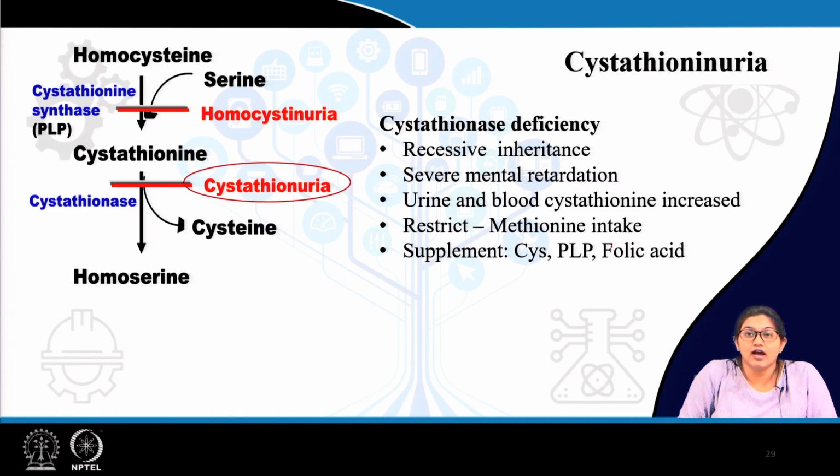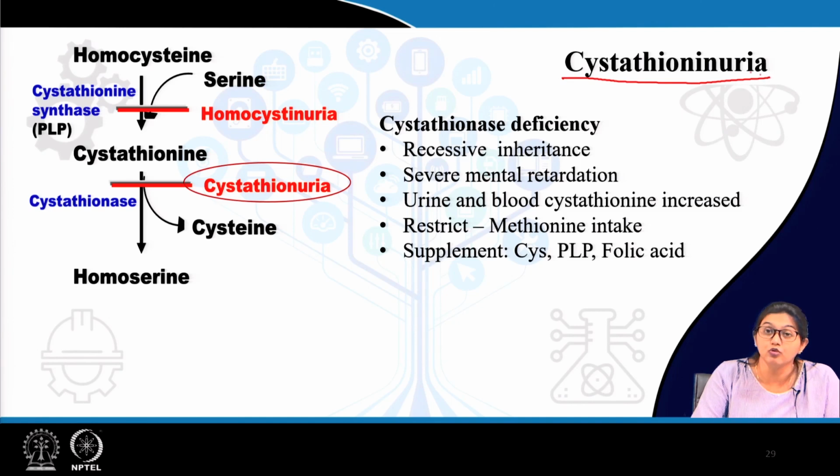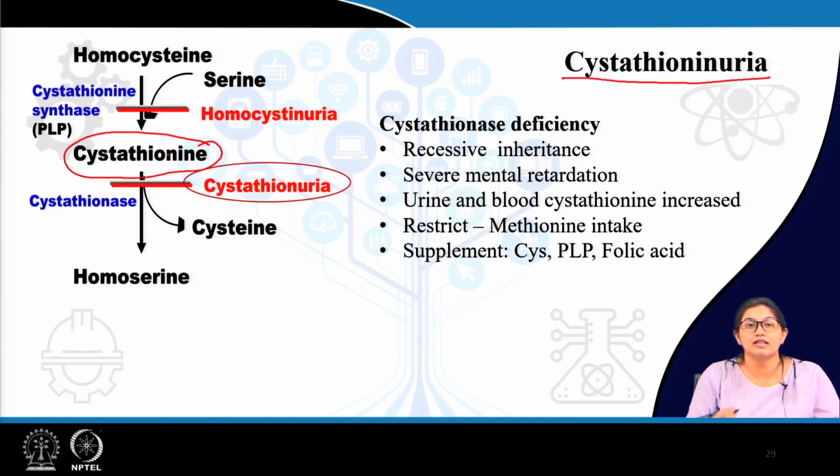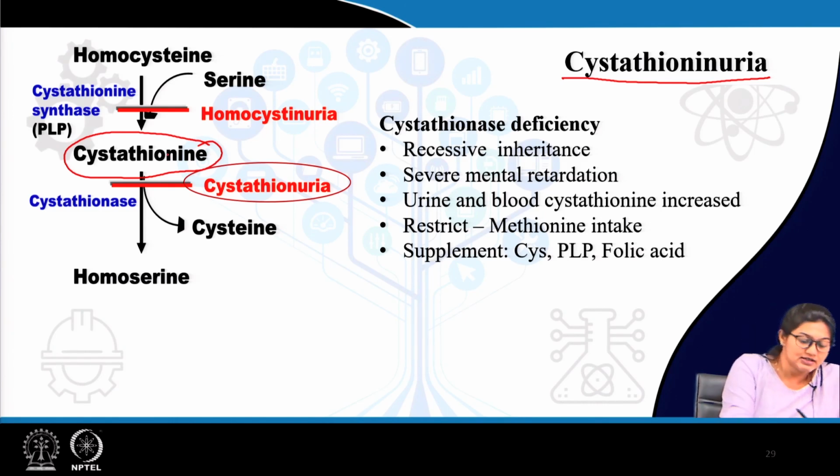One is cystathioninuria. Remember, that is cystathioninuria, not cystinuria. Here we are talking about cystathionine excretion in urine. So, once again to remind, cystathionine is formed from homocysteine with the enzyme cystathionine synthase.